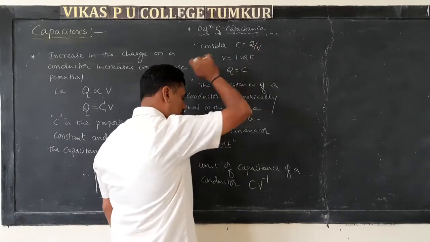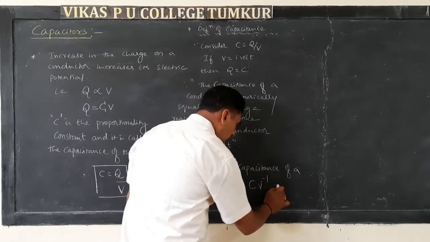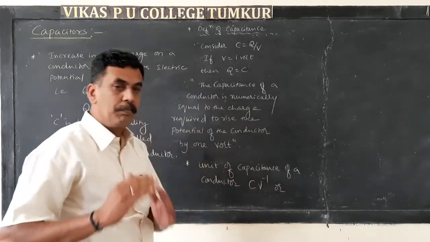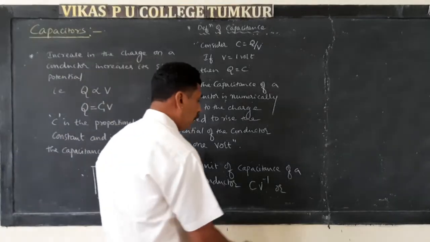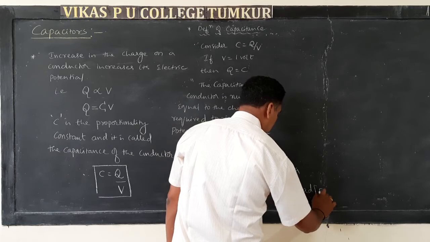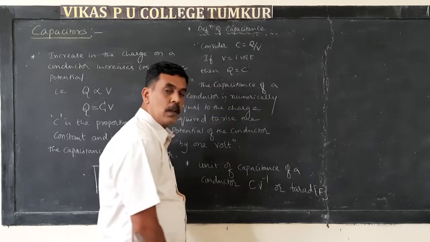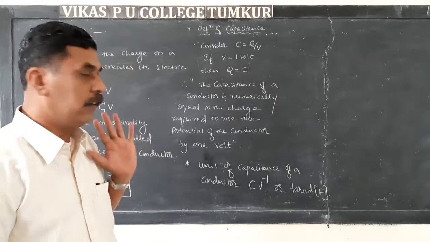Q by V, coulomb per volt. 1 coulomb per volt is also called 1 farad. You can also call it farad, not Faraday. It is not Faraday. It is farad.